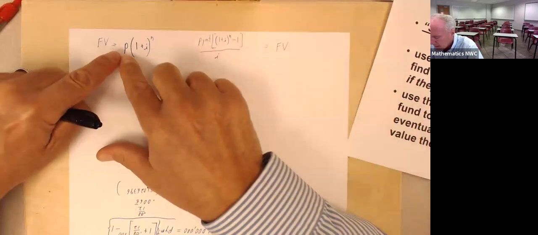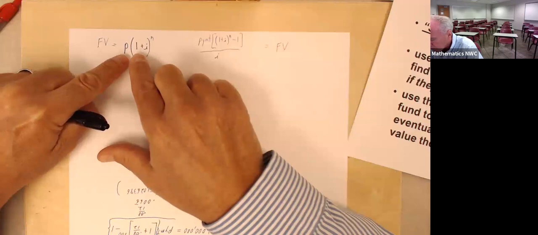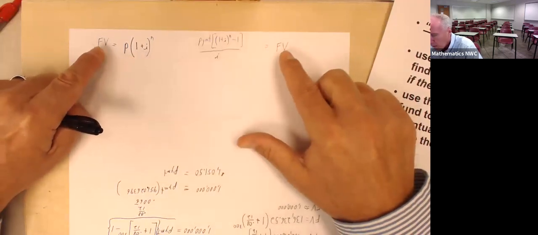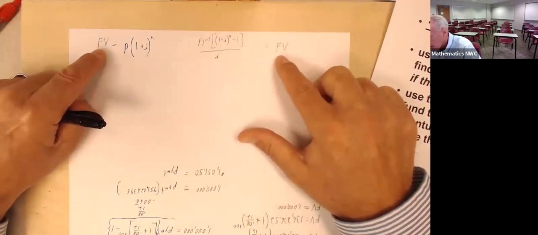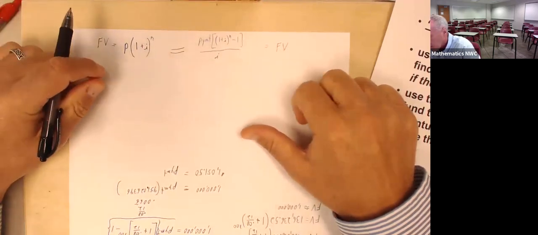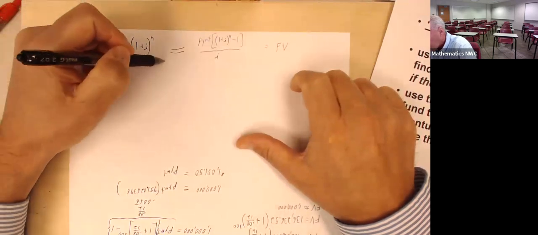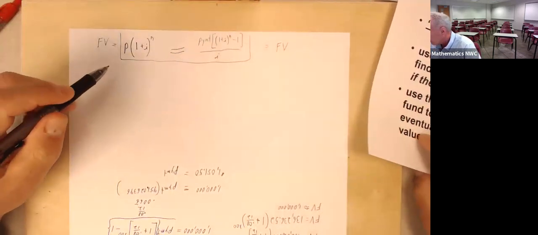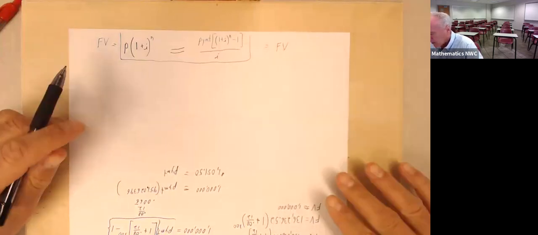This was a one-time lump sum that would earn interest per month to give it a future value. We want these two future values to be the same. We want them to be equal. That means we want these two formulas to be equal. That's our formula that we're going to be needing.